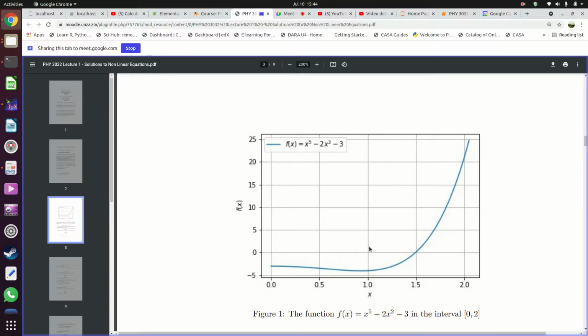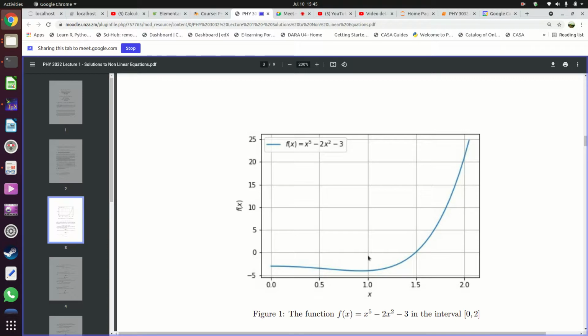So we want to move this lower boundary, which is at 0, to 1. When we do that, we will shrink our boundary from 0 to 2 to 1 to 2. So now our boundary will be much smaller. Are we clear? I'm not clear there, just go through again.